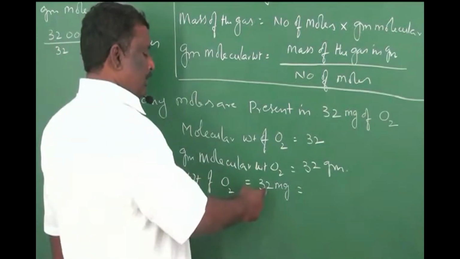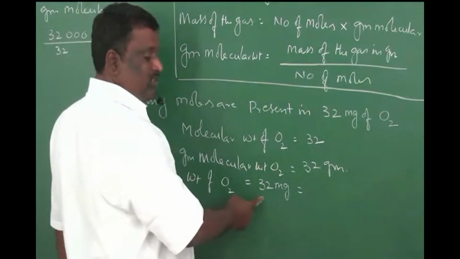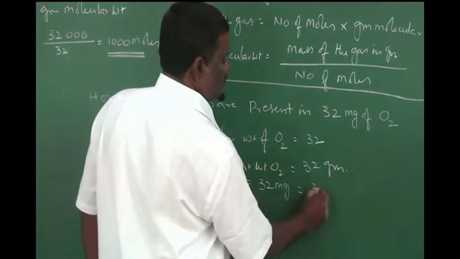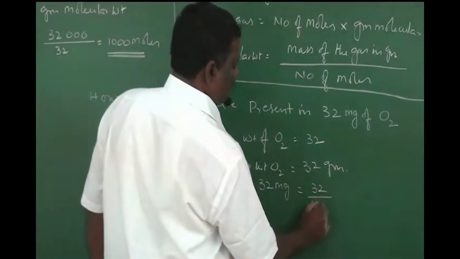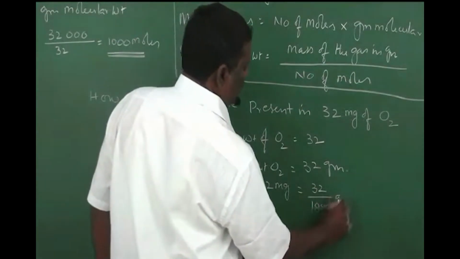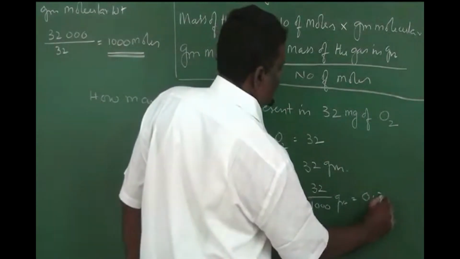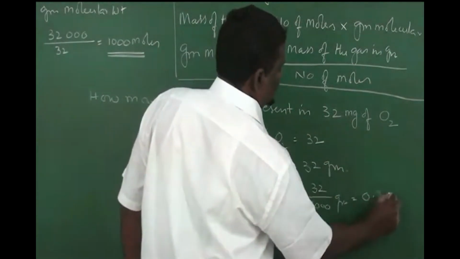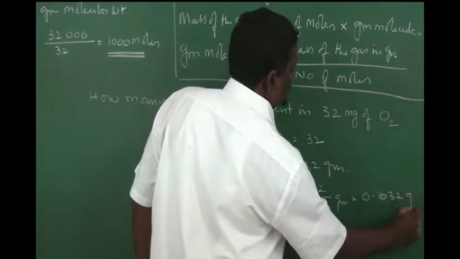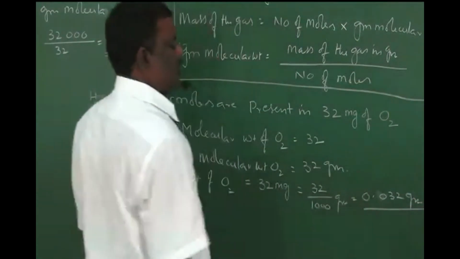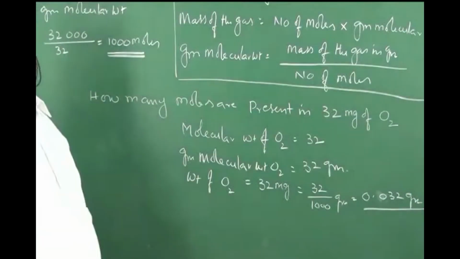So here you have to divide this by 1000. That is 32 by 1000 grams. So it is nothing but 0.032 grams. This is the mass of oxygen in grams.